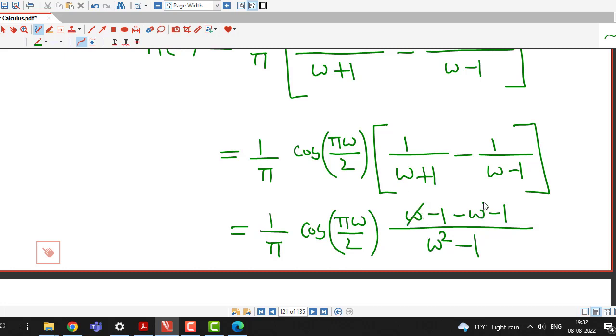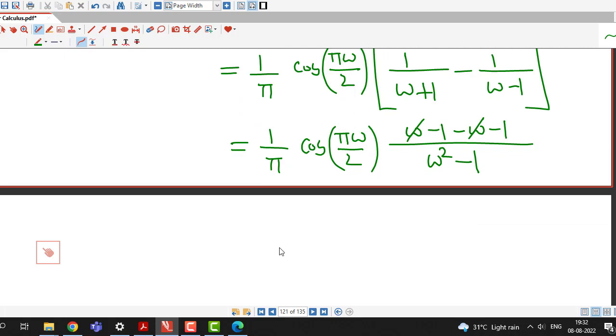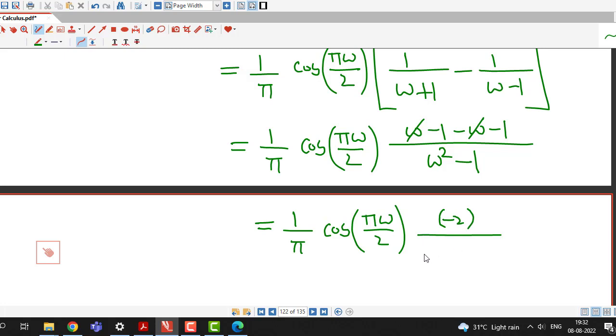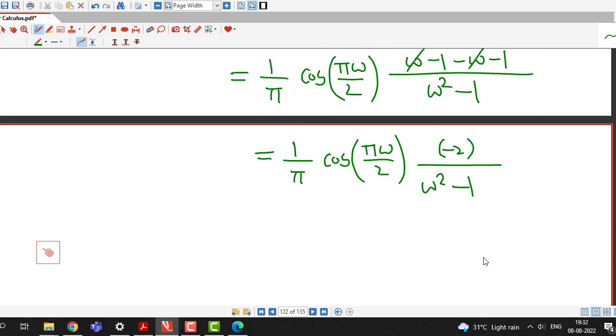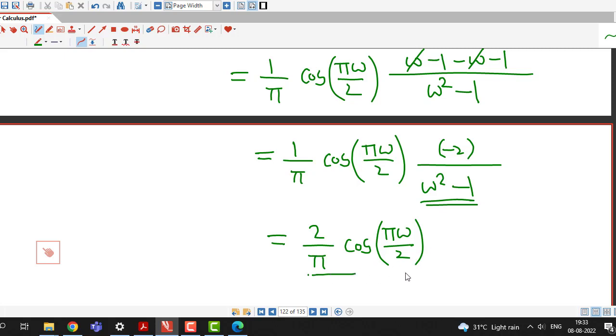Now omega will cancel out and we are left with minus 2 divided by omega square minus 1 times cos pi omega by 2. And if I wish I can combine this negative sign with this term and write it as 1 minus omega square, with cos pi omega by 2 in the numerator, or I can write here also, no problem, 1 minus omega square.